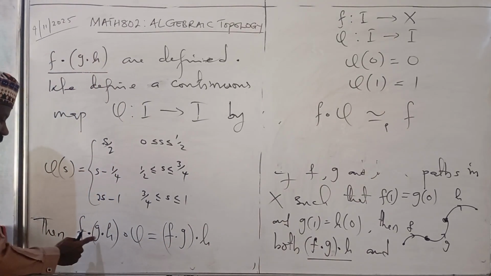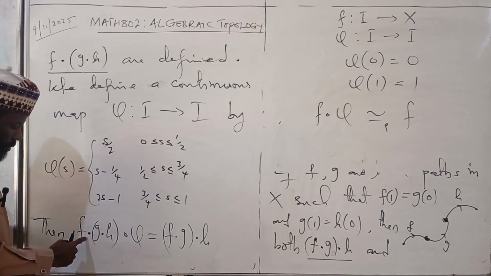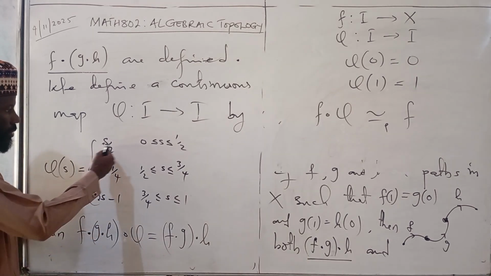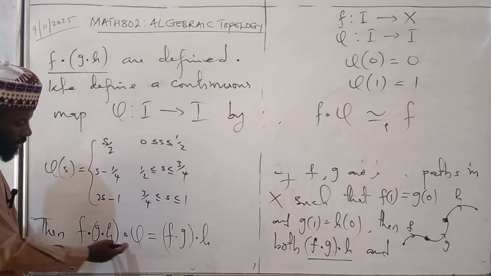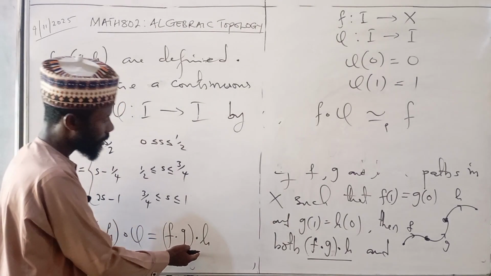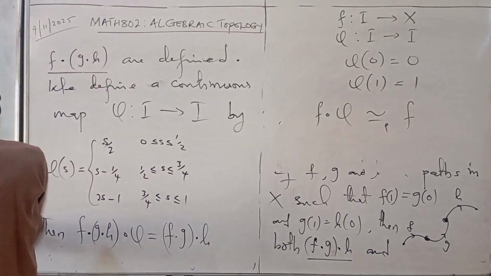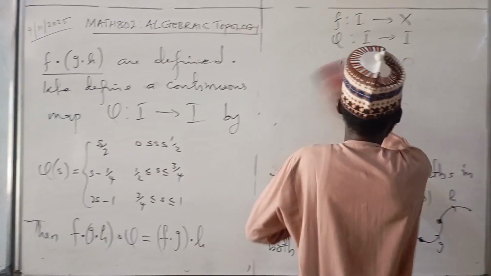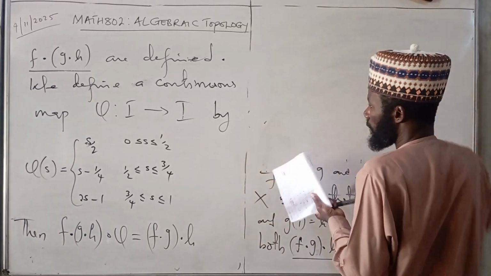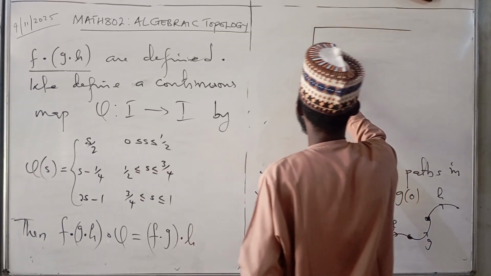So it's just a matter of applying the meaning of this. What does this mean? And what does the composition mean? Are you following? So you start by applying the composition, and then you apply this dot, and you arrive at that. So how do you get this mapping? It's a map from I to I. So think of it like this. This is how we constructed that mapping.